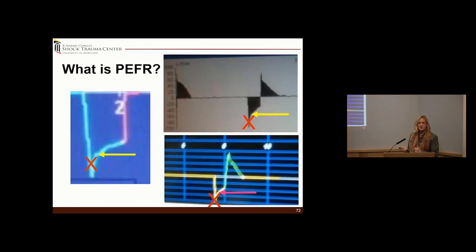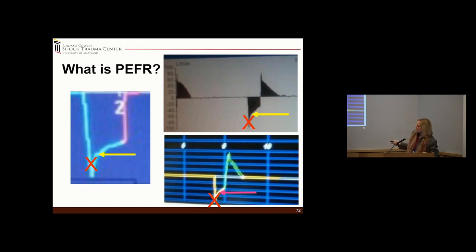So this is really important. What is peak expiratory flow rate? We get a lot of confusion here of where to measure your peak expiratory flow rate. If you see anything like this, any of these expiratory spikes, do not use that as a measurement. That is gas recoil in the circuit. It's gas compression. You have to shave that off.